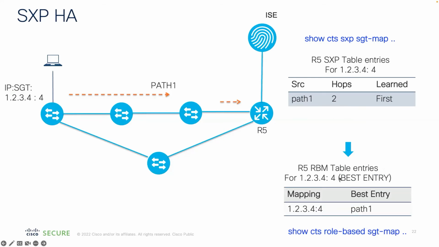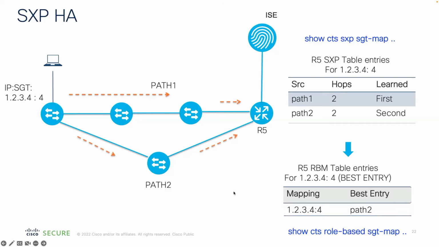This is what uses the best entry. So for 1.2.3.4 mapped to SGT 4, the best entry is the only one that's in the SXP table, so it's from path 1. Now, we learn about the same mapping through another path, path 2. This has 2 SXP hops as well, but it was learned second.